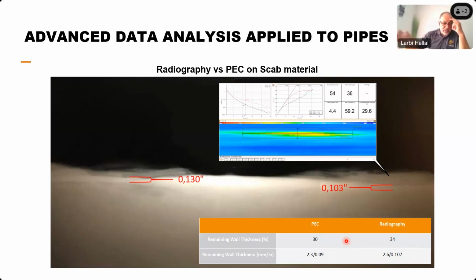If you have somebody else in the vicinity performing other jobs, there's no issue. It's a fast technique also, and it doesn't require asking for authorization to bring a source or X-ray tube, for example. So, comparing the two techniques, PEC will give you something very close to what you can get with radiography, but with fewer difficulties to implement.